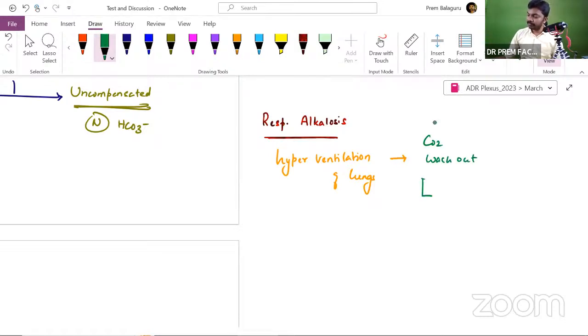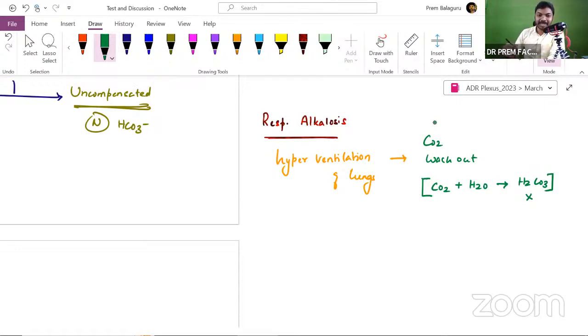Without carbon dioxide, we are going to have impairment in one equation, that is carbon dioxide combining with water to form carbonic acid, H2CO3, guys. Without carbon dioxide, you are not going to have carbonic acid.